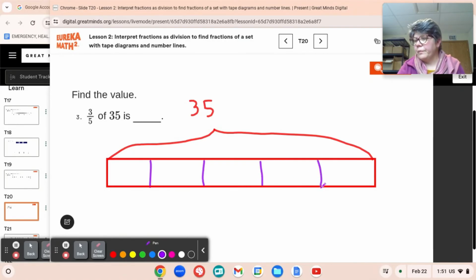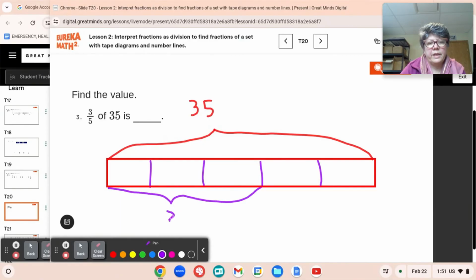There we go. Okay. And we're trying to find 3/5, right? So where should we have a question mark on our tape diagram? 1, 2, 3, right? 3/5. That is what we are trying to find.